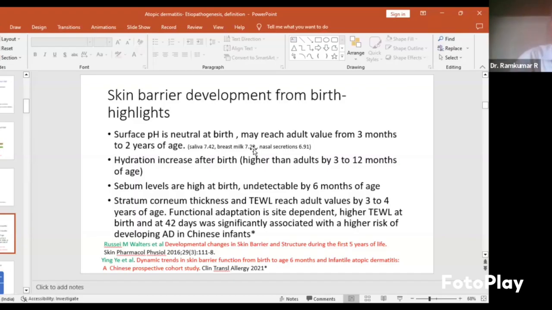That is why probably we see more and more atopic dermatitis in more crowded localities rather than in towns or villages. So this is a very valid, important issue. It takes 3 to 4 years for the skin barrier to develop in a child.